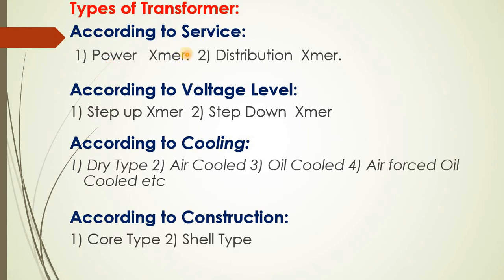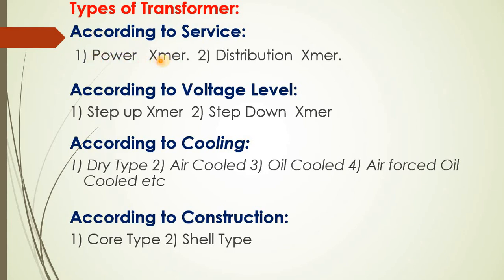Now, what are the types of transformer? There are various categories to define the transformer. First it is according to service, meaning where the transformer is erected and what the function of the transformer is. First is the power transformer.